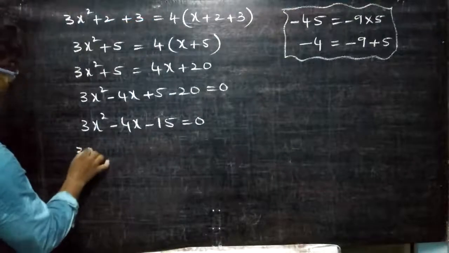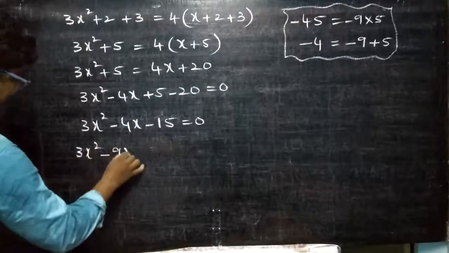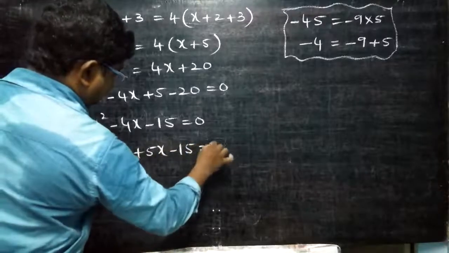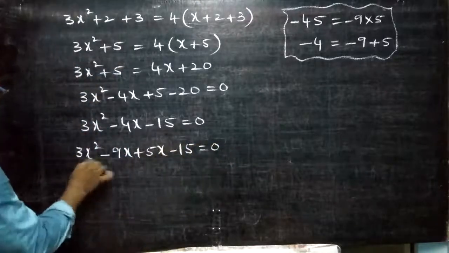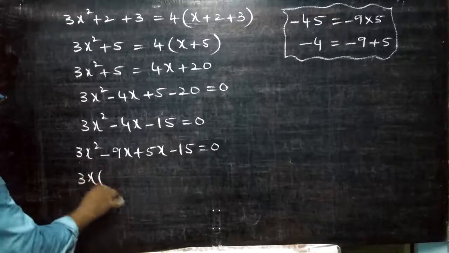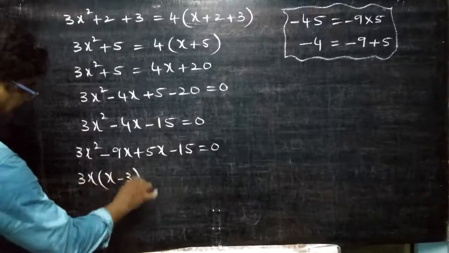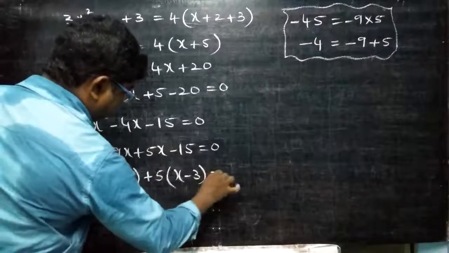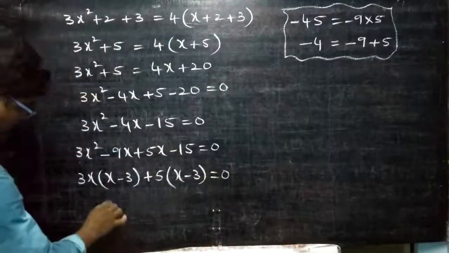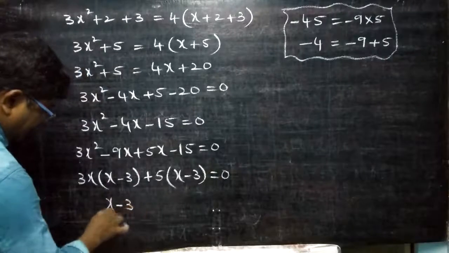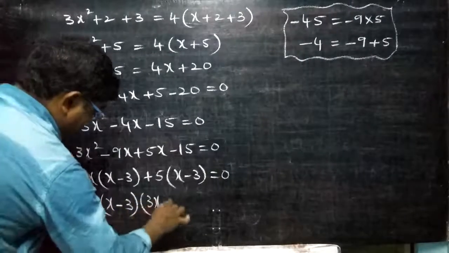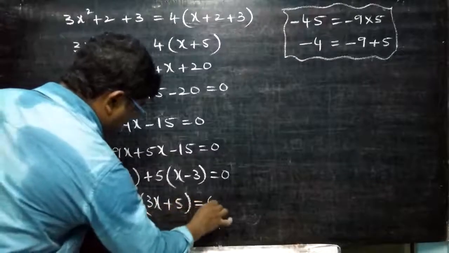So, 3x square minus 9x plus 5x minus 15 is equal to 0. 3x we can take common: x minus 3. Here plus 5 we can take common: x minus 3 is equal to 0. In the first term and second term, x minus 3 is common, and the remaining is 3x plus 5 is equal to 0.